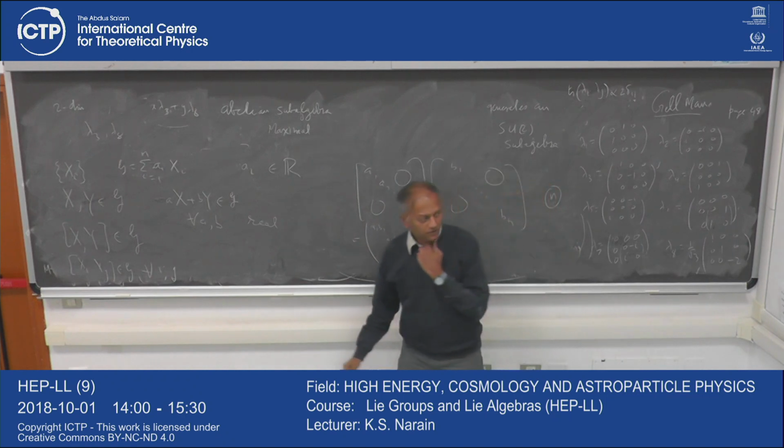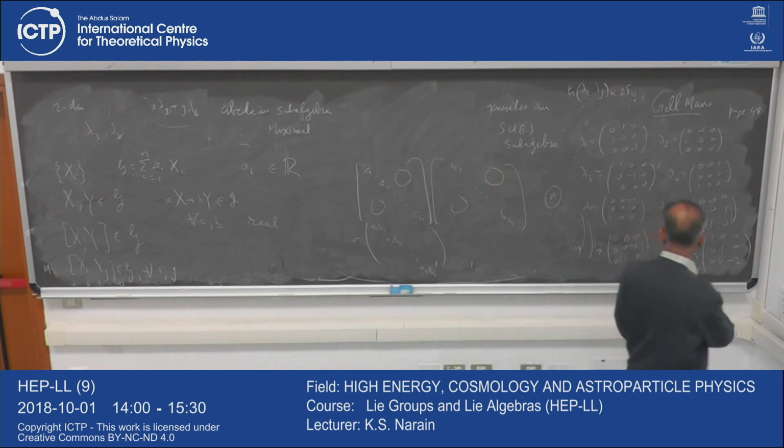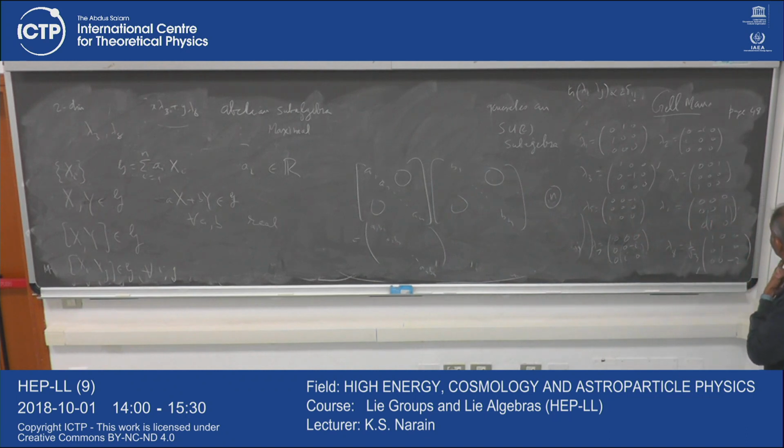So, for example, let's see. This one would commute with lambda 8, because you see the 2 by 2 block here is identity. Others are 0 anyway. The third row and third column is 0, so it doesn't care about that.